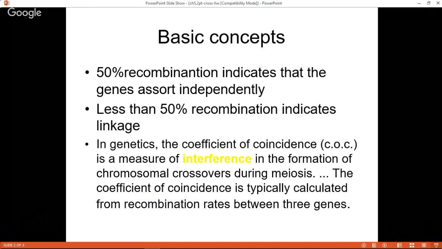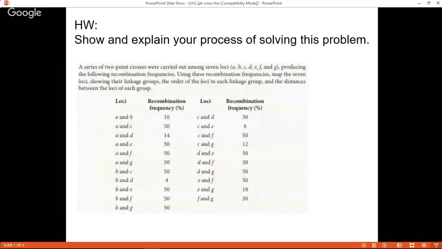So that kind of leads us into, because it already says 3 genes and we have 7. So I'll show you how we work that out with 7. So first, I will look and see what has 50%. Because if it has a 50% recombination frequency, it will not be in the same linkage group.